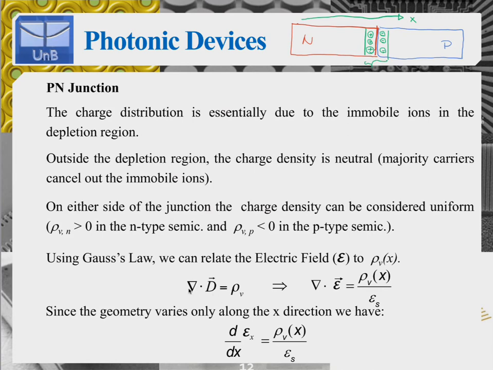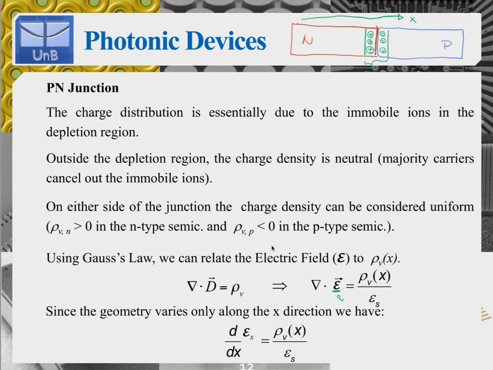So Gauss's law states that the divergence of D, the electric displacement vector, is equal to the volume charge density, and since we can consider that D is equal to epsilon, the permittivity, times the electric field, which we are representing in this way to distinguish from the energy E, right? So this is actually the electric field, this is the permittivity. We can pass the permittivity over to the other side, dividing, and you have this expression, which was derived from this.